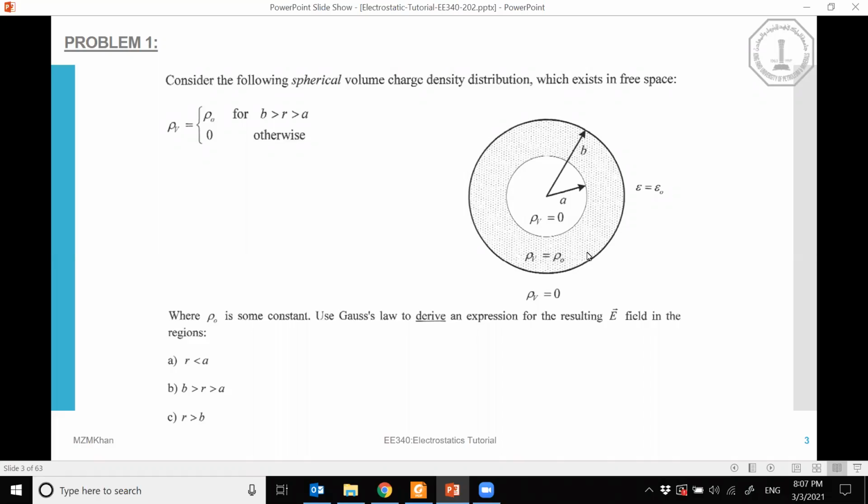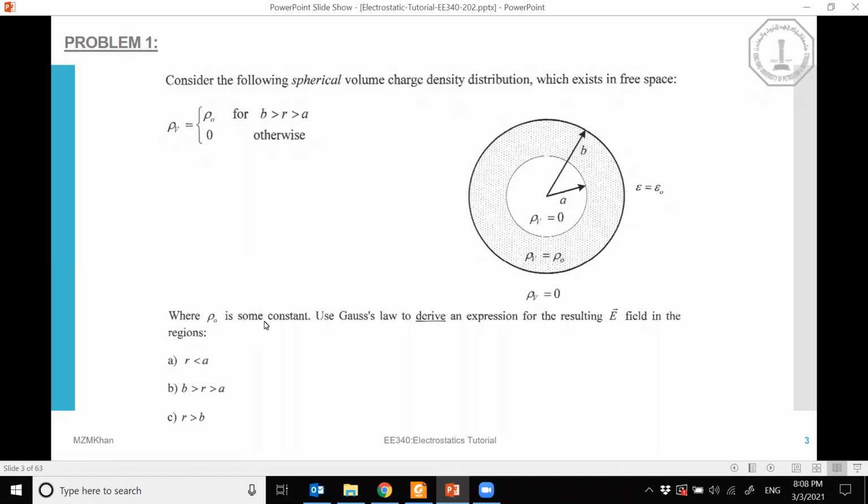It has the charge density of rho 0, and outside it is 0, which means outside there is no charge distribution. The permittivity is epsilon. Also, rho 0 is a constant.